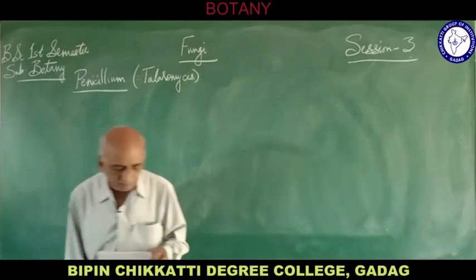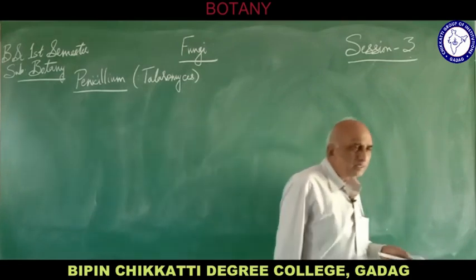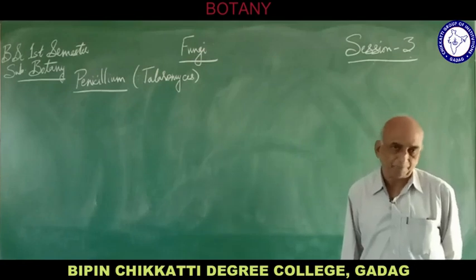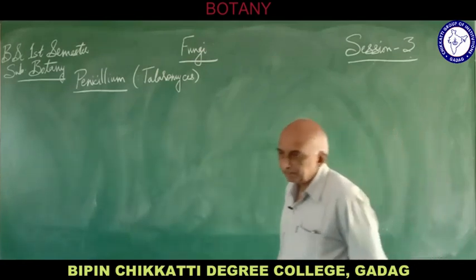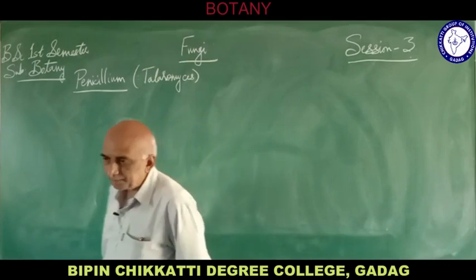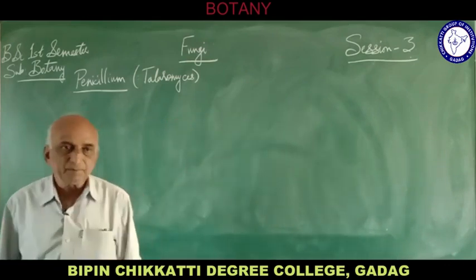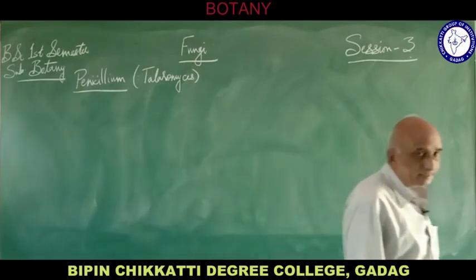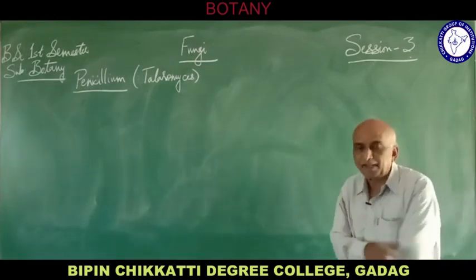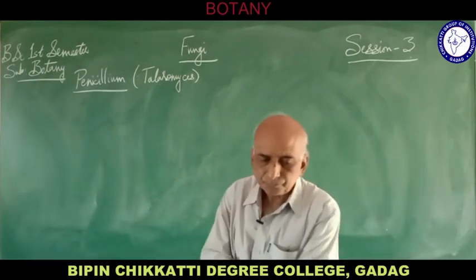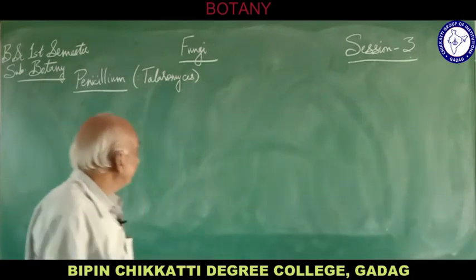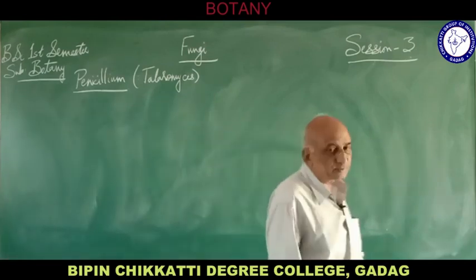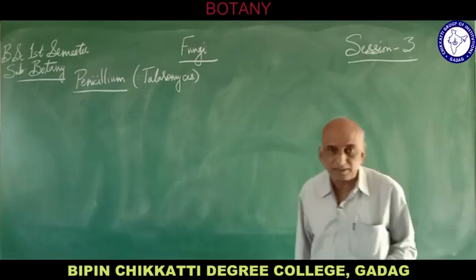Now if you come to the thallus, as we know, fungi are made up of hyphae. Similarly, Penicillium is made up of hyphae. Except yeast, Penicillium belongs to the ascomycetes, whereas Rhizopus belongs to the phycomycetes. Ascomycetes are called sac fungi because of the ascus, which appears like a sac-like reproductive structure.